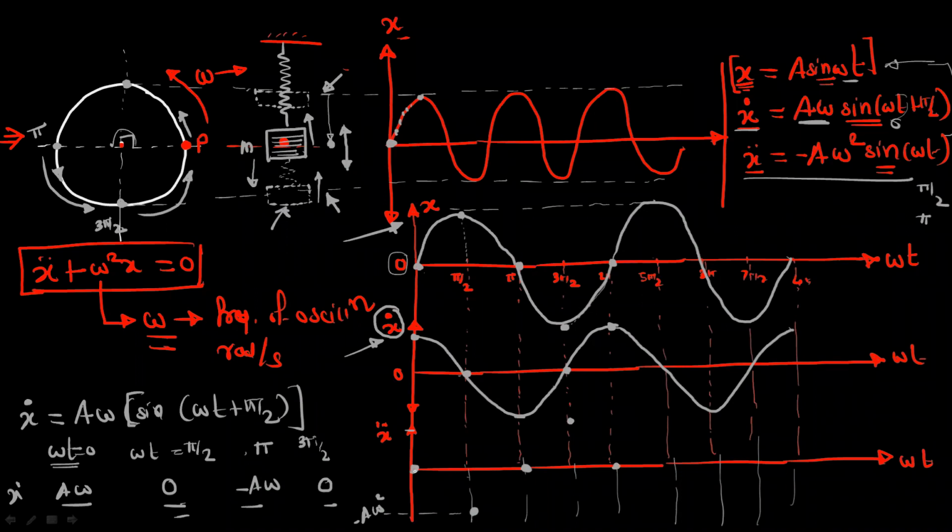So this is the waveform. It is exactly a mirror image of the displacement waveform. It will repeat after 2 pi. So this is the relation between the displacement, velocity, and the acceleration.